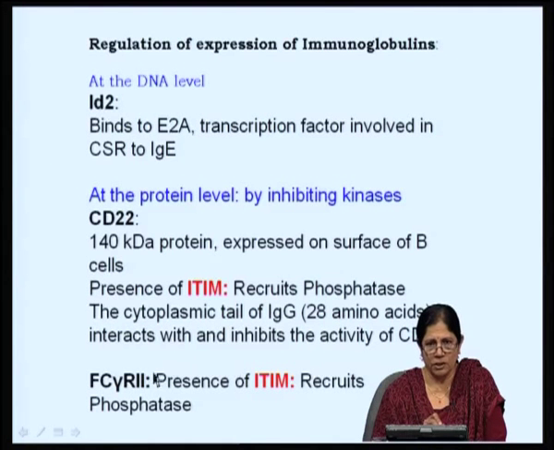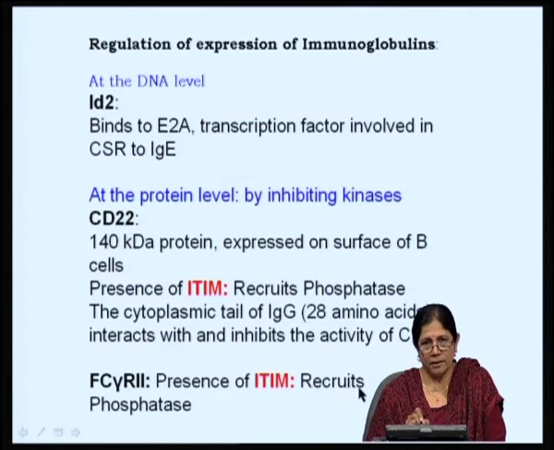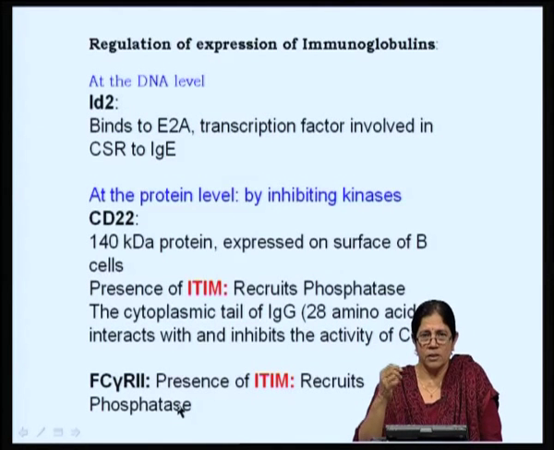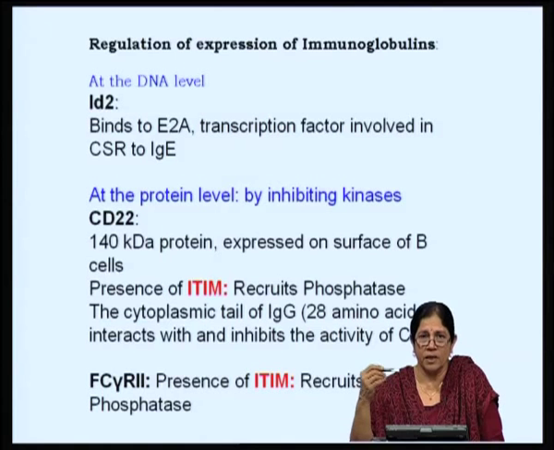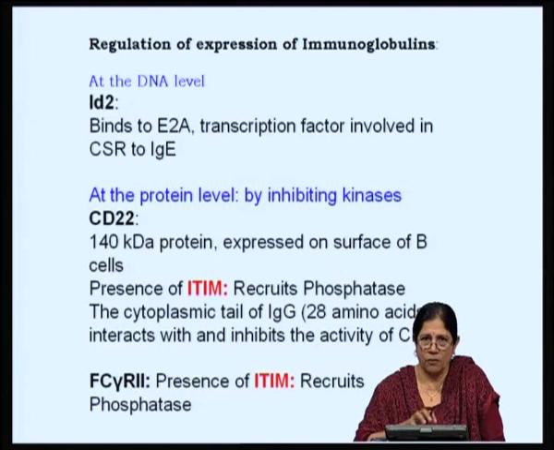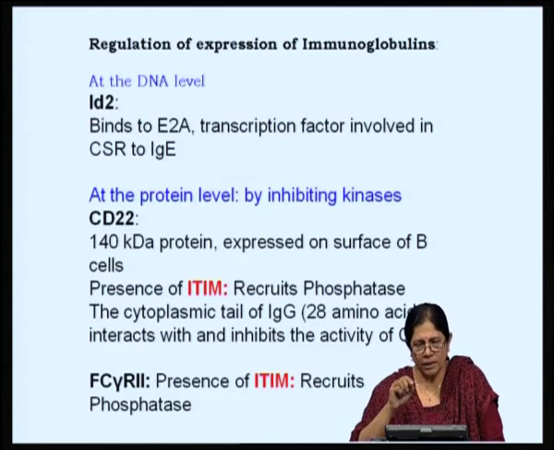This brings about a conformational alteration in the Fc gamma R2b, which undergoes phosphorylation, recruiting phosphatase, which would now start lowering the activation index of that particular B cell, in turn inhibiting the immune response.